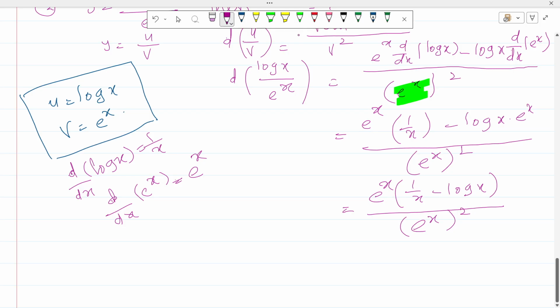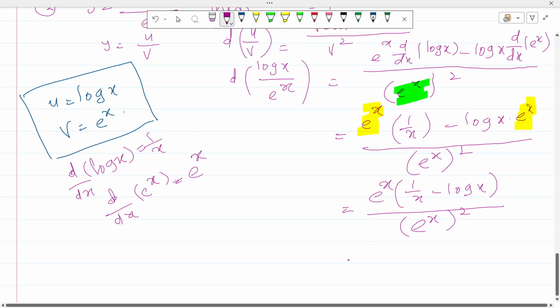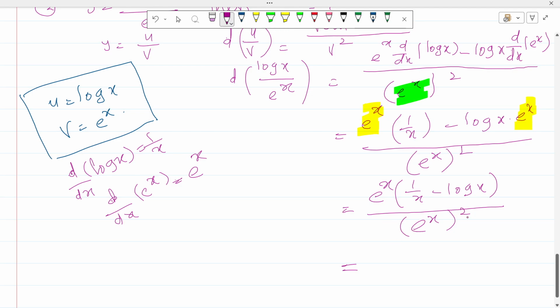Then this can be written as, then cancel, you know the cancel rules. Any doubt in the cancel rule? So here e power x is there, so we can cancel that e power x one time, then remaining e power x is there.